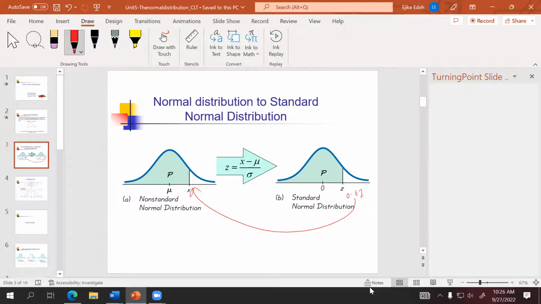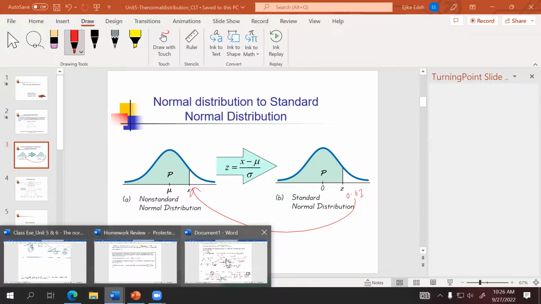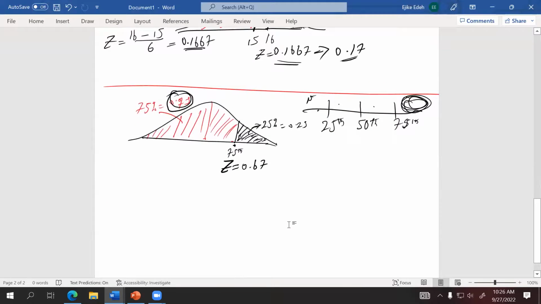So we want to go back there, use our usual formula. So over here, we could tell that the minimum number of days will be equal to, using our Z formula, number of days minus the mean number of days divided by standard deviation of number of days.